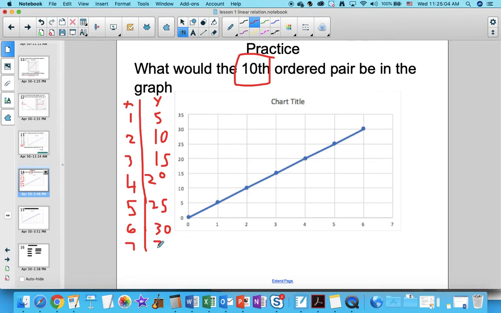That should be 35. 8, 40. 9, 45. The 10th value should be 50. And so you just follow the pattern. That's it.